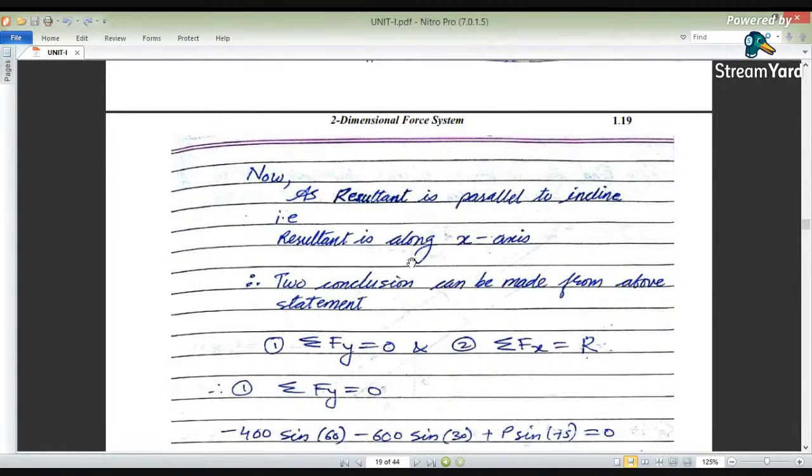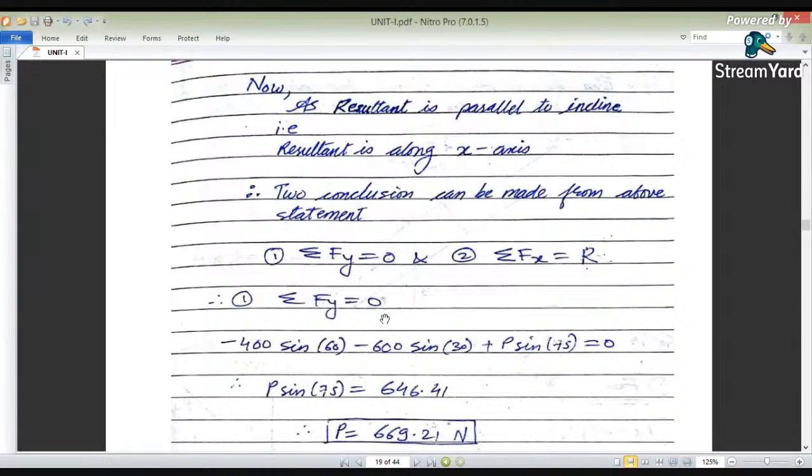That means the summation of Fy will be 0, and the resultant is equal to Fx. So we can find P by taking the condition Fy equals 0.